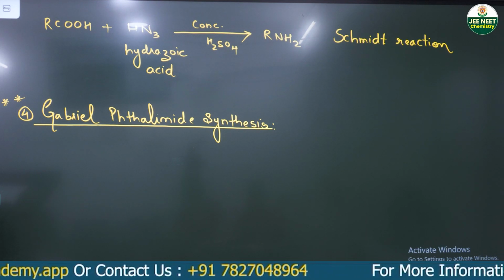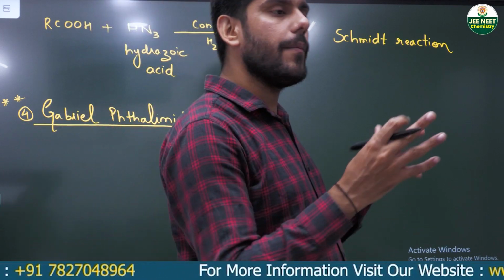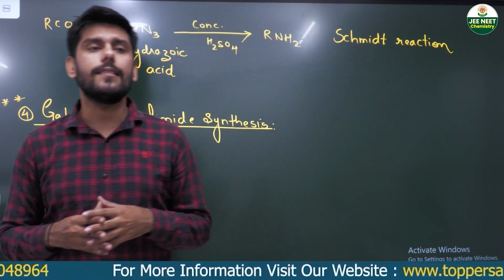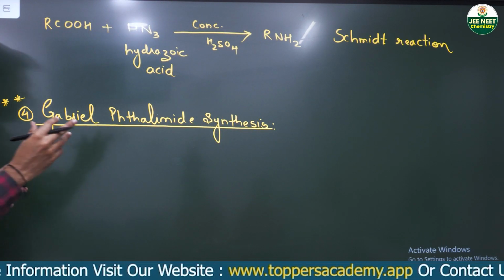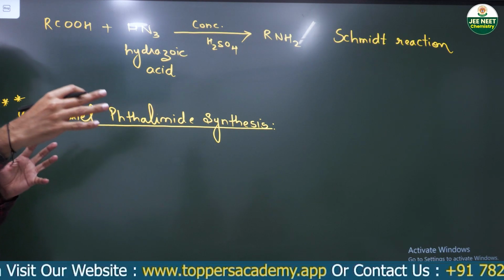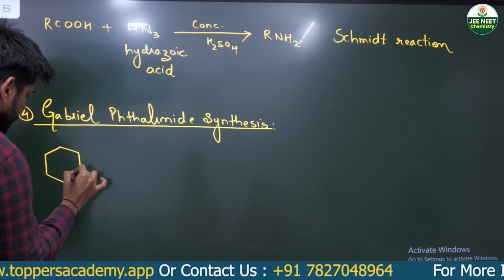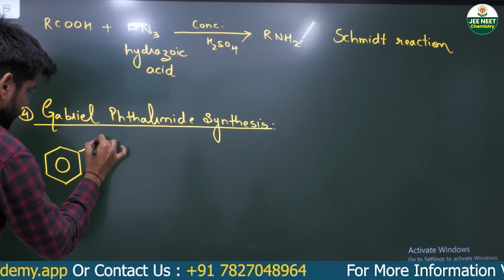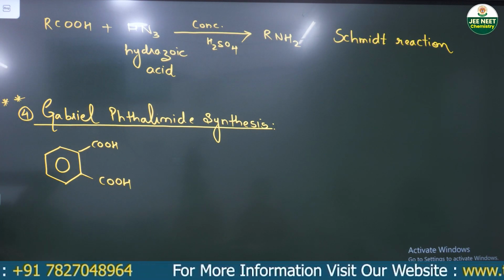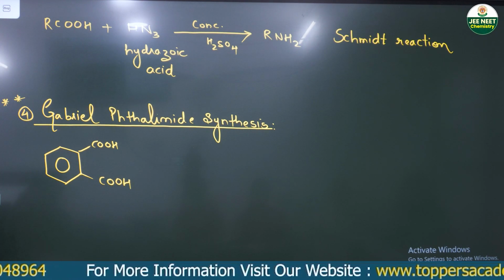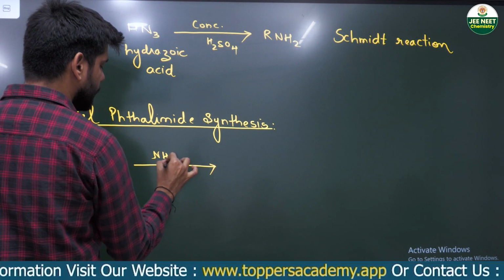Now we start. If you remember, in the last class when we were discussing dicarboxylic acids, I told you that suppose I start with phthalic acid. So let us discuss the preparation of phthalimide. This is the phthalic acid. Suppose I perform the ammonolysis of it, what do I get?